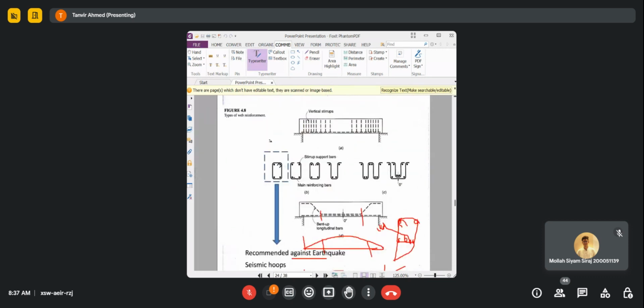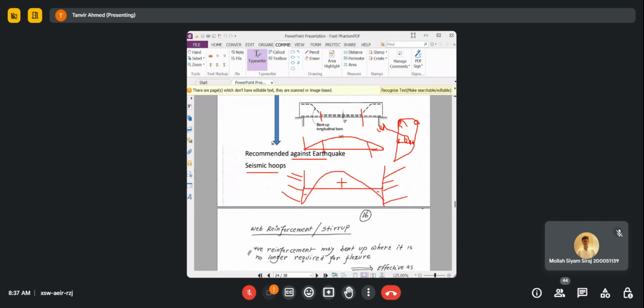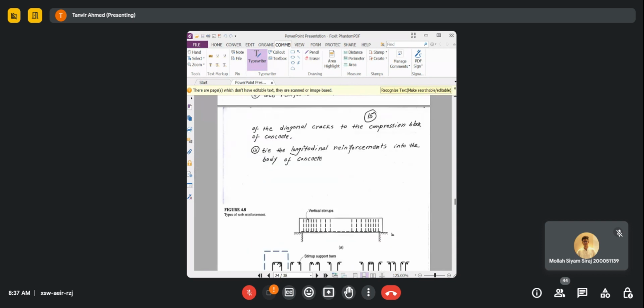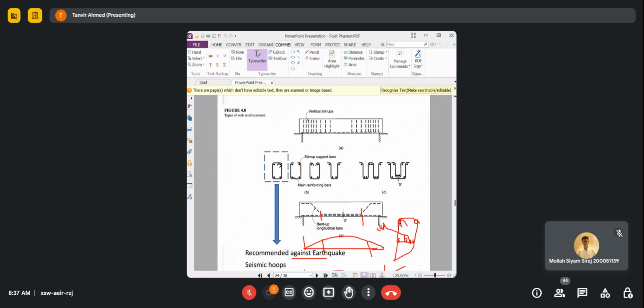Okay, in the last class, I think we left at slide number 24, and we discussed how you can bend your longitudinal reinforcement when you have stirrups.